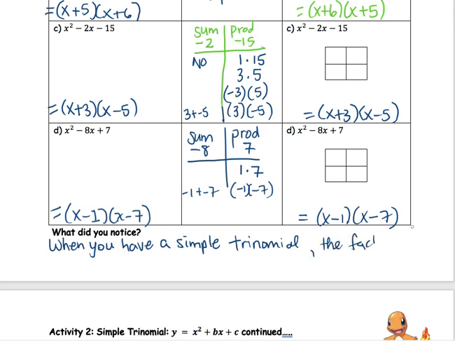The factors, when I say that, that's the final answer here. So the factors can be found using the product sum table.